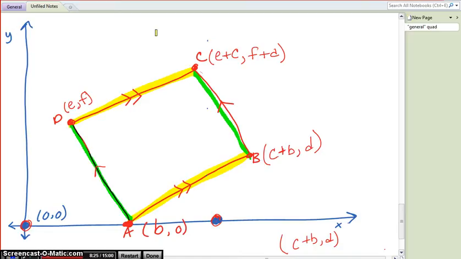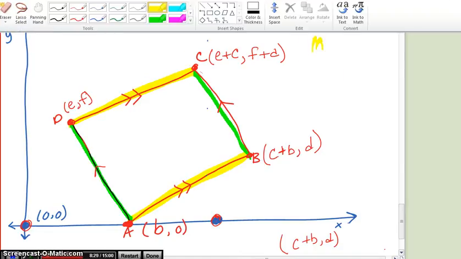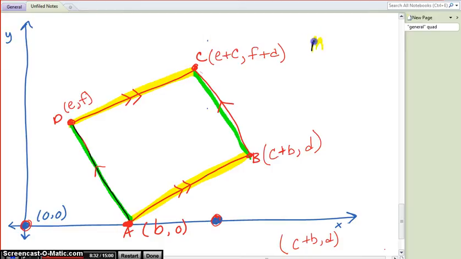and AB. If we can prove that their slopes are the same, then we can prove that those two lines are parallel. So remember the slope formula. Subtract the y's, F minus 0, F and 0, divided by E minus B. And then simplify.